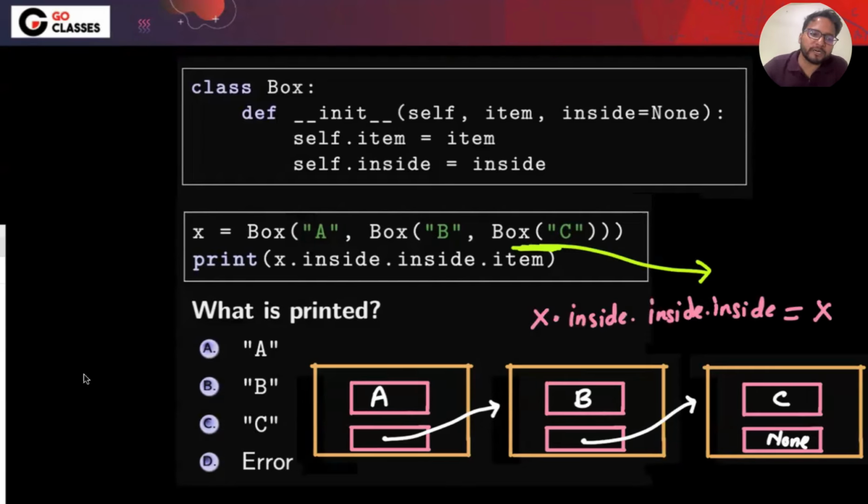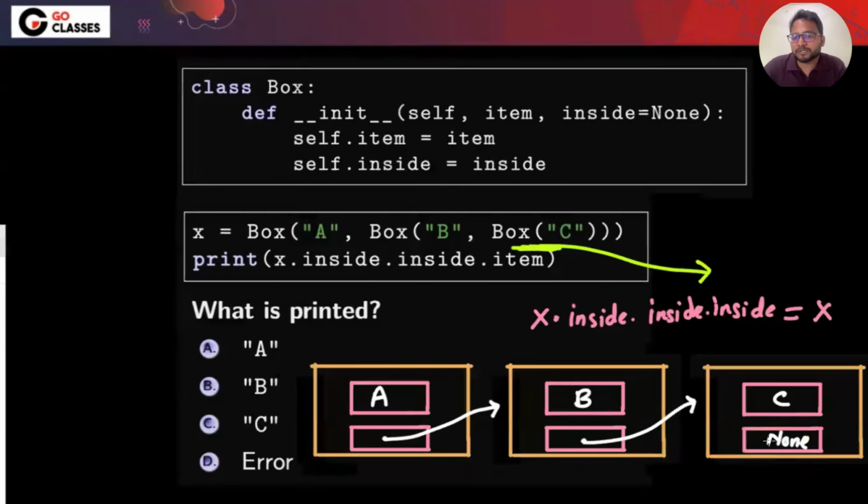It is a little complicated, may not be that much worth it, but then I ask the same question. The print is the same, everything is the same. Just I'm writing X dot inside equal to X. So what does this mean? X dot inside means this box, right? Dot inside means this. Now instead of none, I'm changing this value to X. X is basically this box.